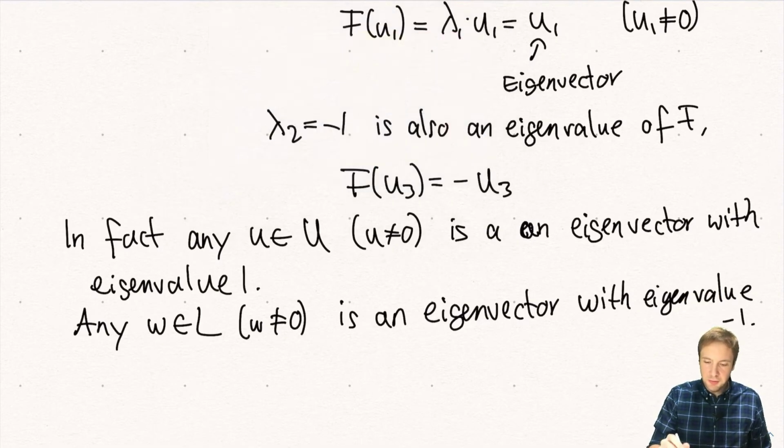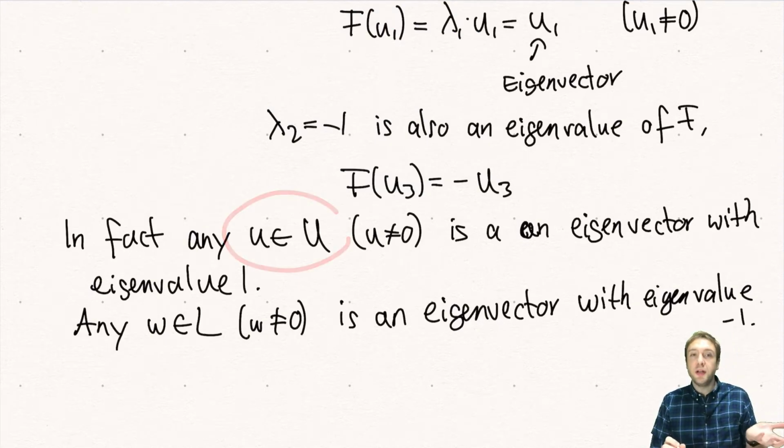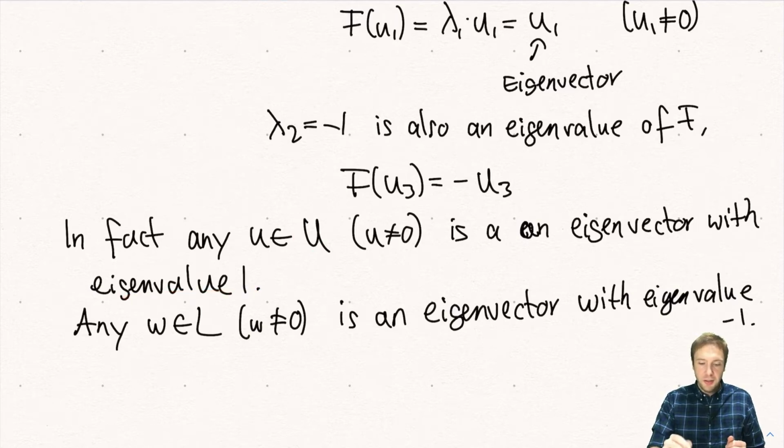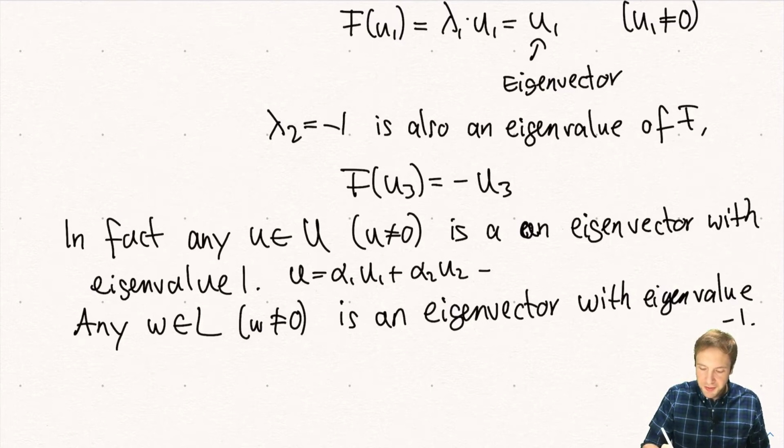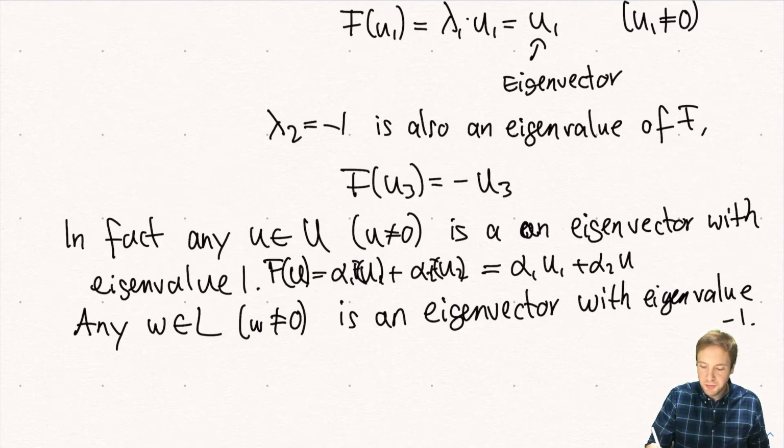So because here we checked that u1 and u2, the two basis elements of U, were eigenvectors with eigenvalue 1, if I have any u, which is some linear combination, let's say alpha 1 times u1 plus alpha 2 u2, then if I apply f to this, I can apply f to u1 and u2, but this will just give back alpha 1 u1 plus alpha 2 u2.